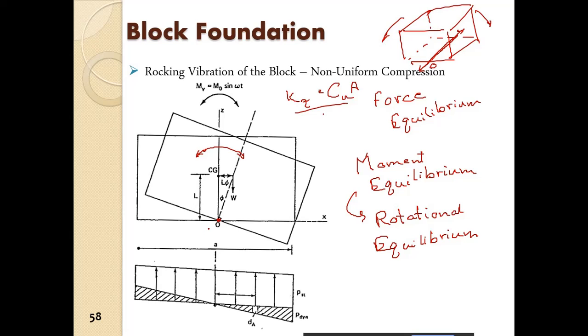So now we have to find out the moments. What are the moments applied? Obviously one of the moments applied is My is equal to Mo into sine omega t. Mo is the maximum moment which is applied.